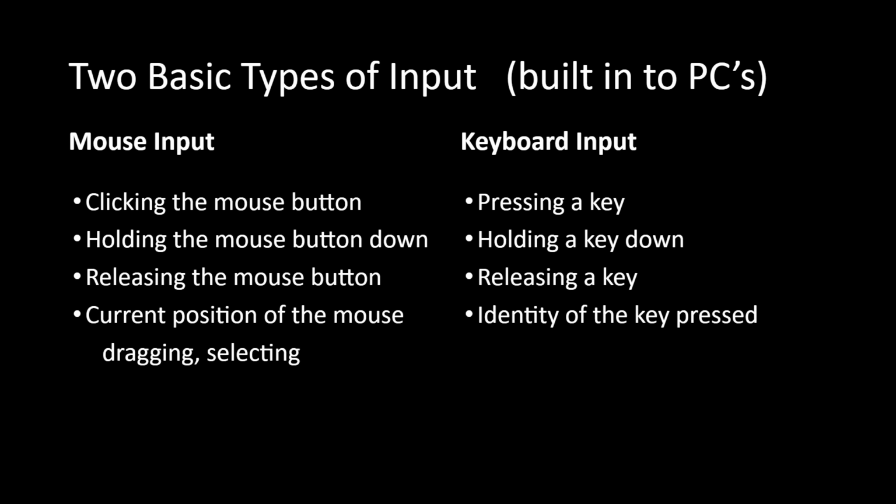Keyboard input: pressing a key, holding a key down, releasing a key, and of course the identity of the key pressed. That actually has a lot in common with the mouse buttons as well. We can click the mouse button for the first time, hold it down, and release it. So there are button-class things and motion-based things. They are our input.